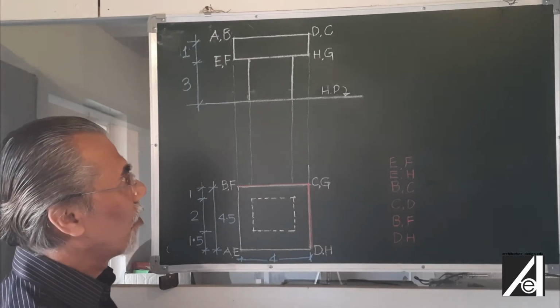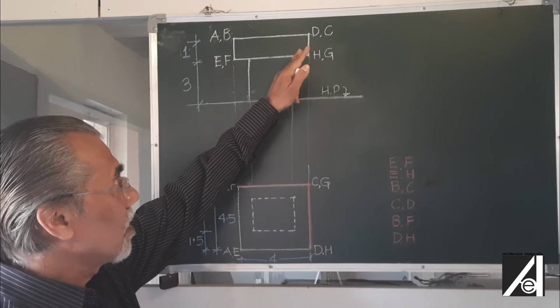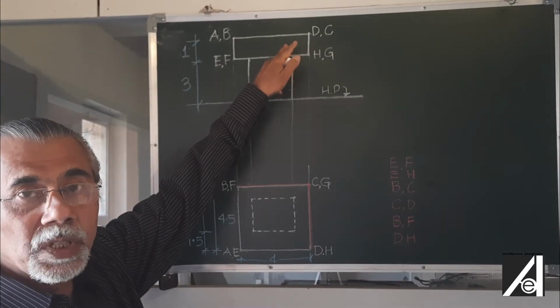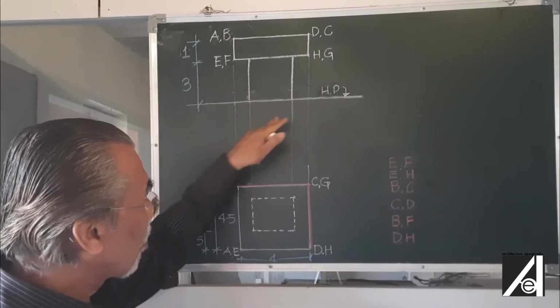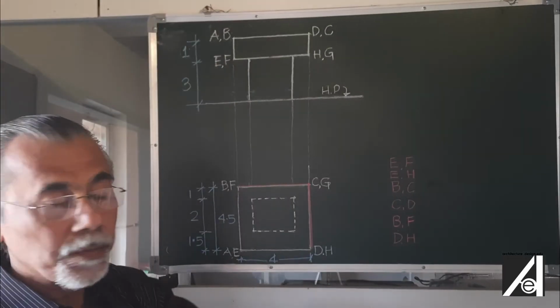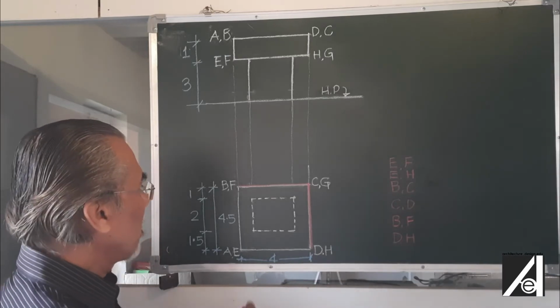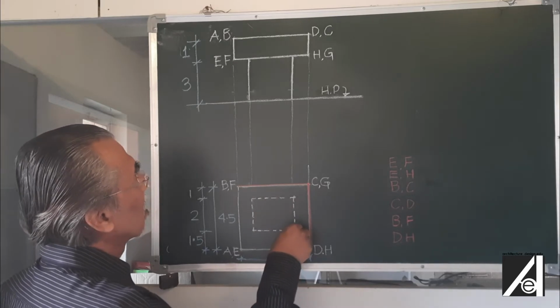So let's take them one by one. Of course, apart from these edges of this component of the total object, the other component, which is the vertical cuboid kept below, its edges also are going to give you the shadow. Which are those edges? If the light comes from this side, this vertical edge and this vertical edge.